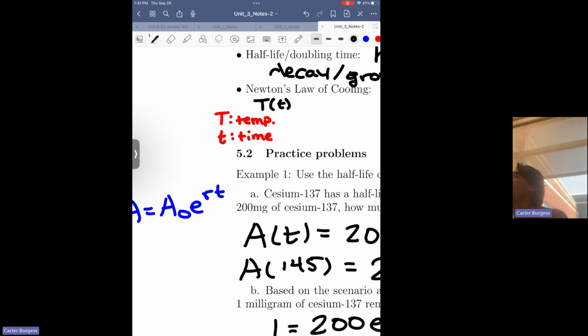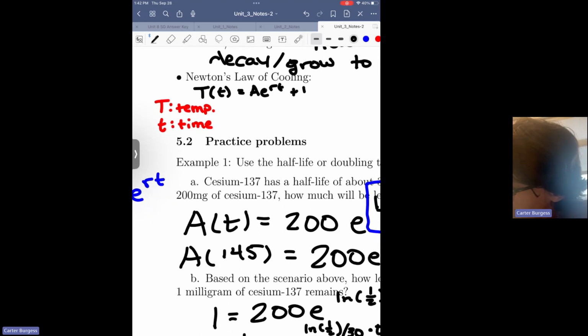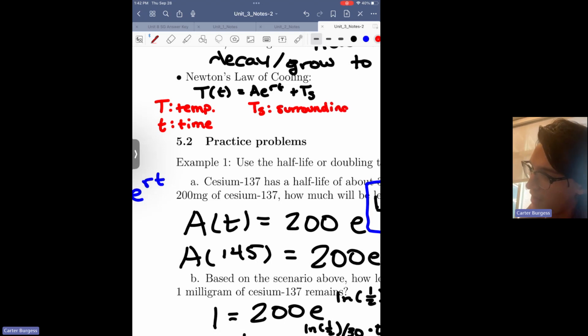This is going to follow our standard exponential model. So this is still a times e to the rt. But there is a very slight difference, plus what we are going to label as T sub S, which is the surrounding, or as I will call it, the ambient temperature, which is just the temperature of the room.